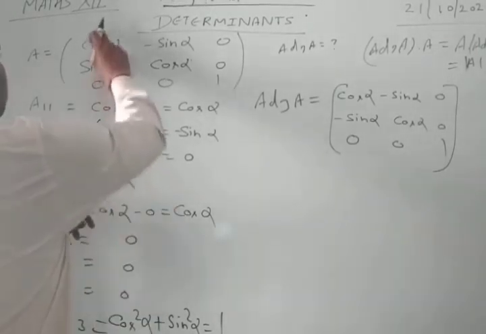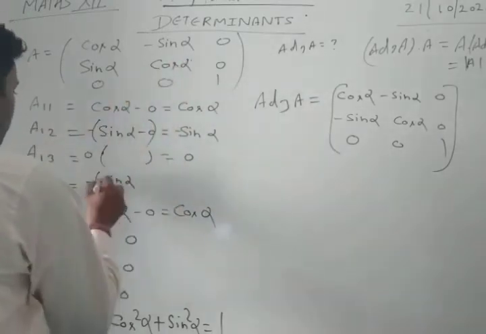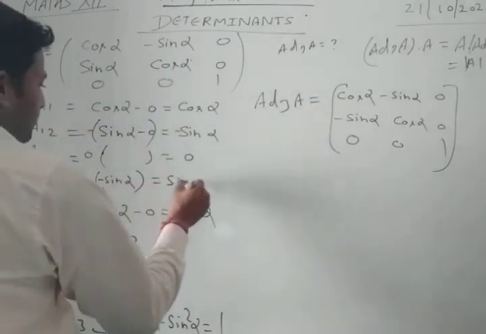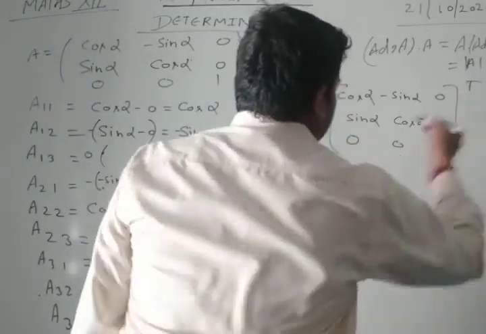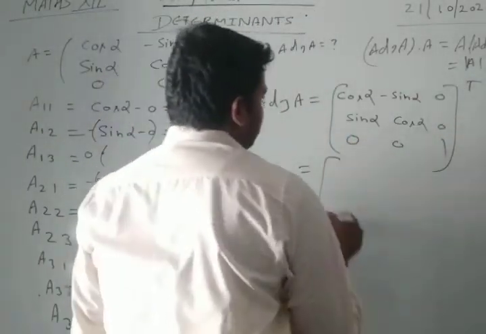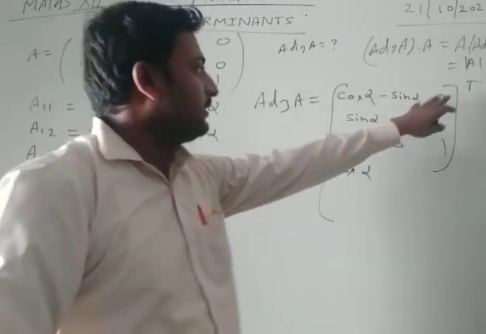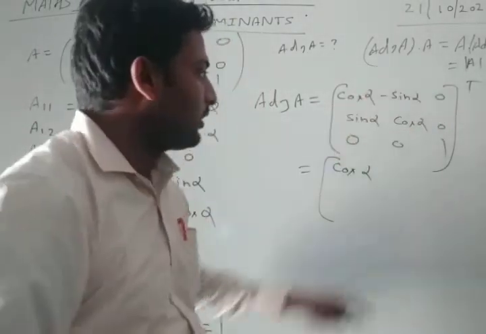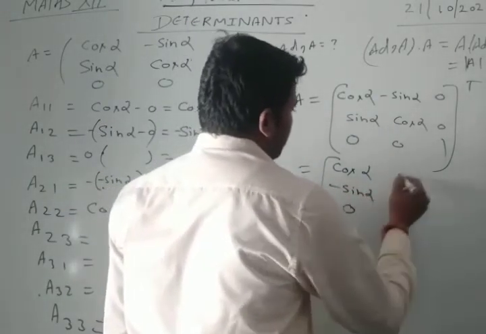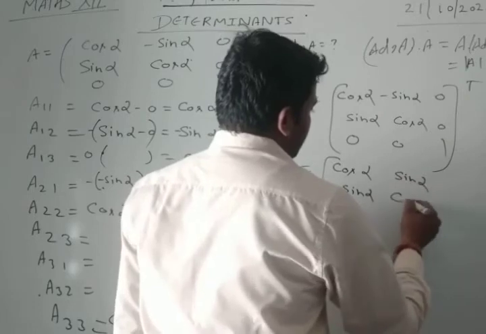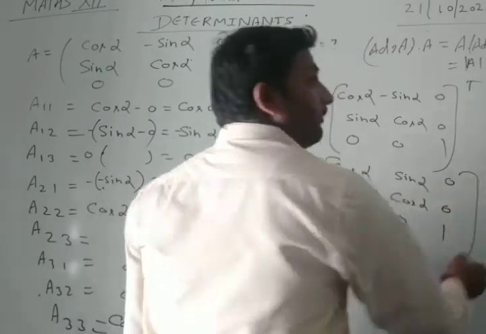Here A21 is cancelled with the negative sign, so minus and minus it will be sin alpha. Now the transpose of this is what? We change all the rows into columns. We write cos alpha, minus sin alpha, 0, sin alpha, cos alpha, 0, 0 0 1.